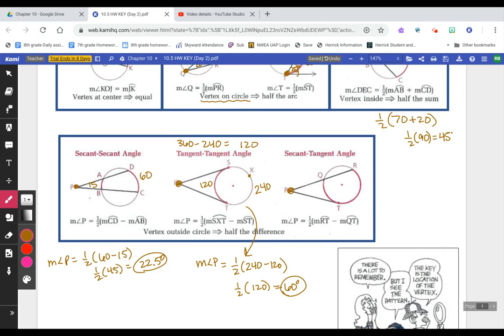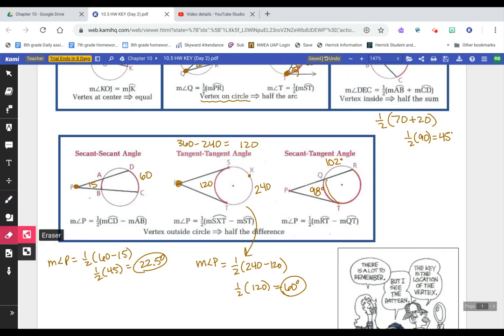All right, last one. For our secant-tangent angle, let's make it a little bit more complicated. Let's say arc QT is 98 degrees. And we'll say that arc QR is 102. So we need to figure out the measurement of angle P. Well, to do that, I need to know arc QT, which I know, but I also need to know arc RT, which I don't know.